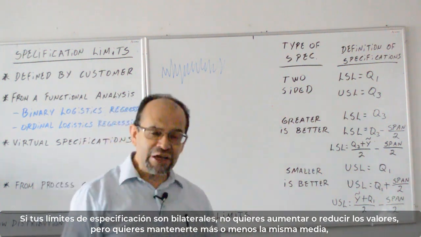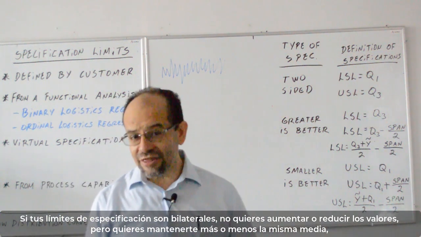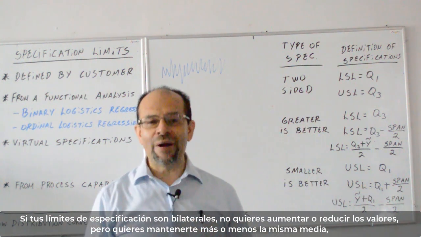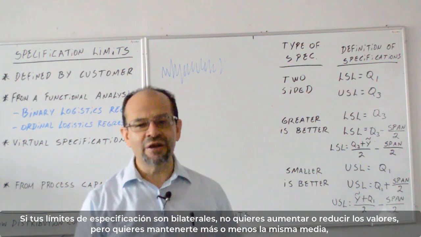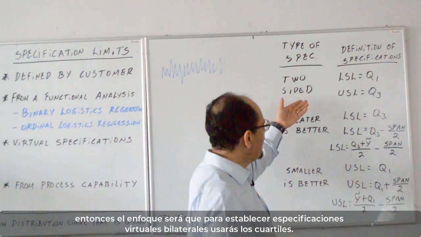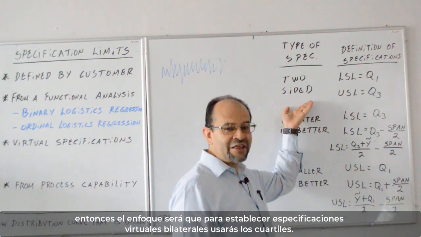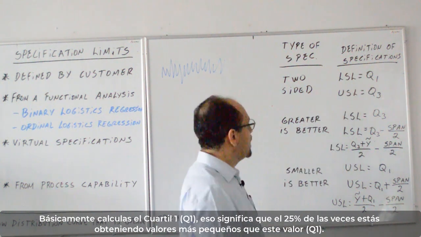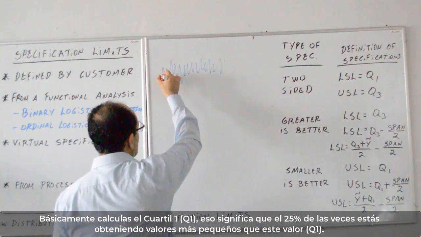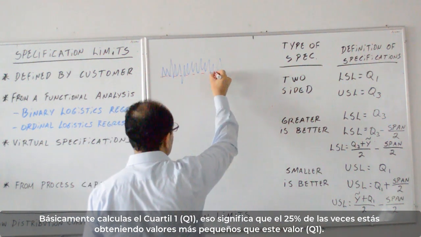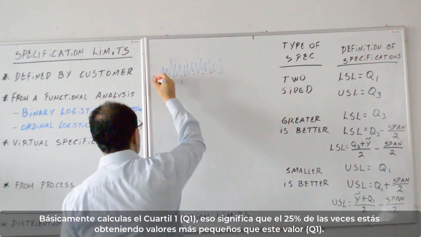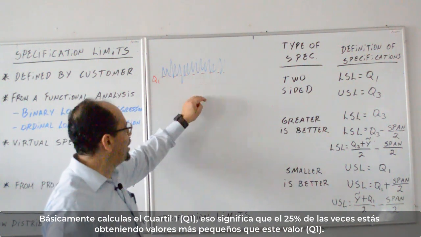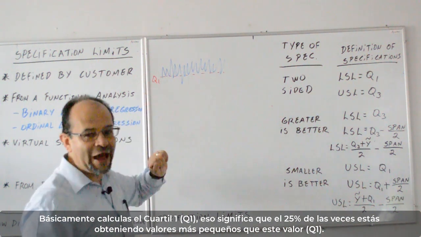If your specification is two-sided, you don't want to increase or decrease the values, but you want to maintain about the mean, then to establish two-sided virtual specification limits you will use the quartiles. Quartile 1 will be a value somewhere like this. Here is quartile 1. That means that 25% of the time you have values smaller than this value.